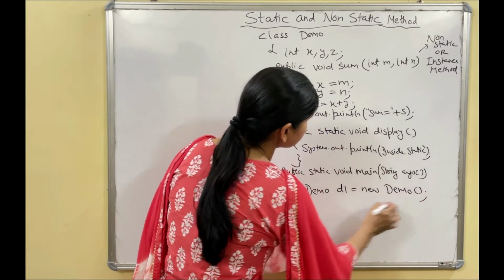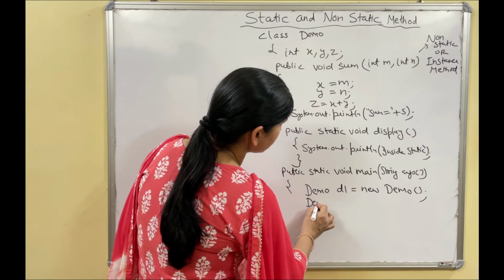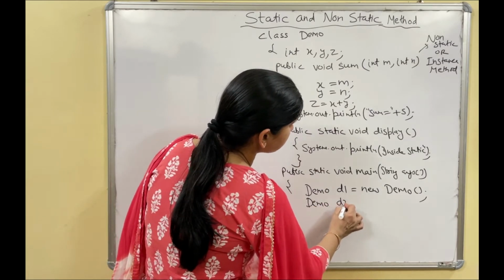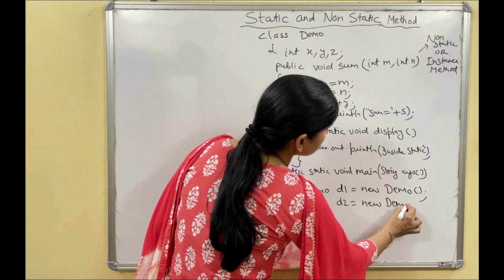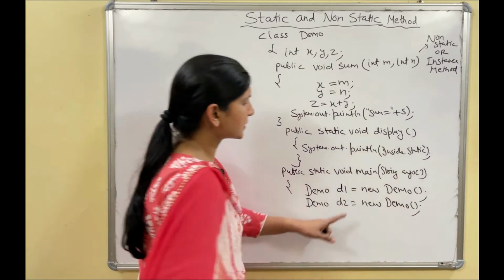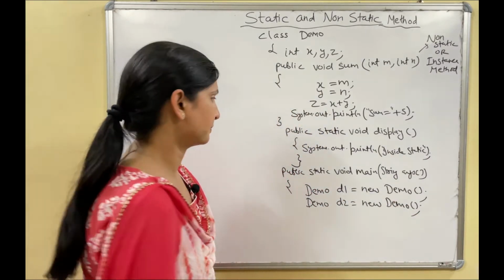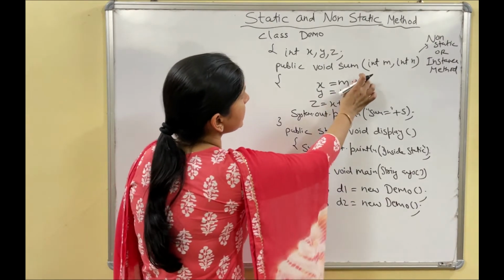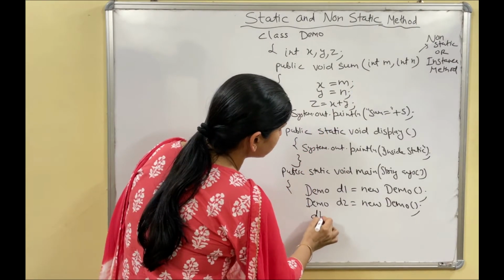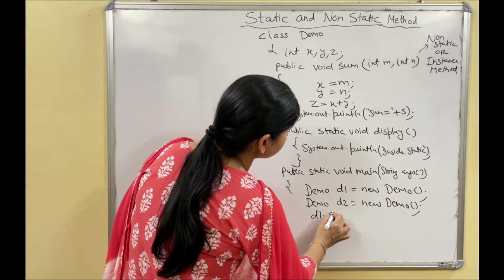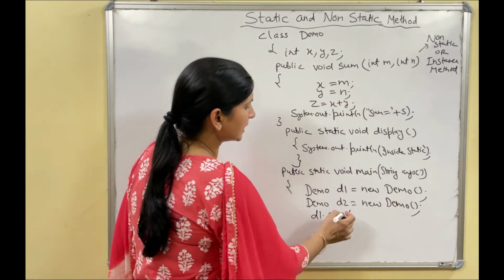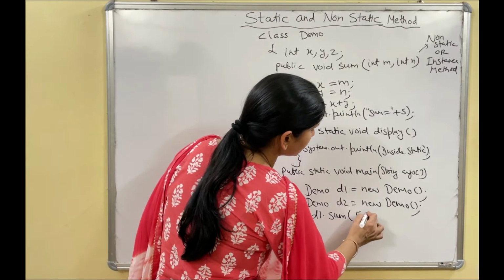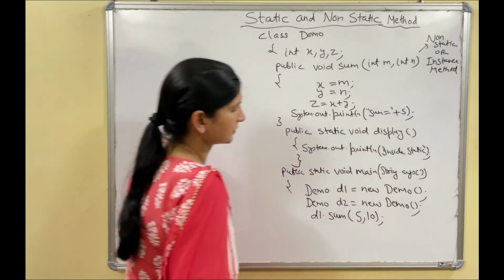So this we have already discussed. Same way we will create another object, Demo d2 equals new Demo. So two objects we have created, right? Now we will call this method: d1.sum, and as a parameter I am passing here 5, 10, right?